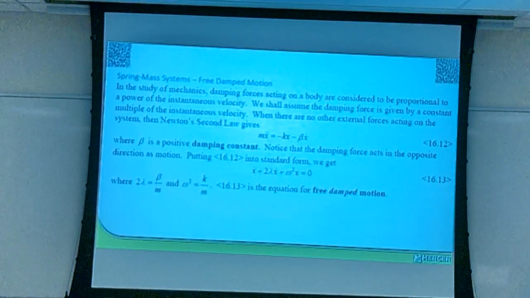Damped motion, there is resistance. You swing a pendulum, what happens? It doesn't swing forever, right? It starts to slow down, unless you have an exerting force to keep it in motion. For simplicity, we will just assume, like with air resistance, that it's proportional to velocity.